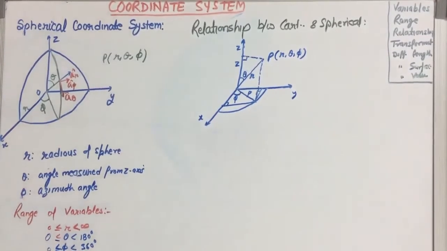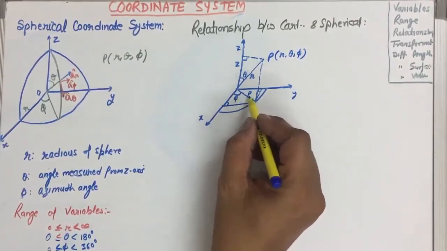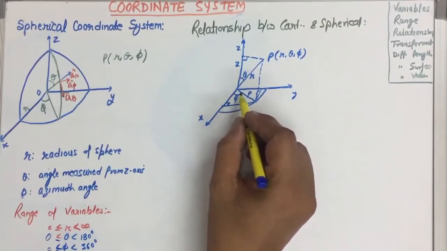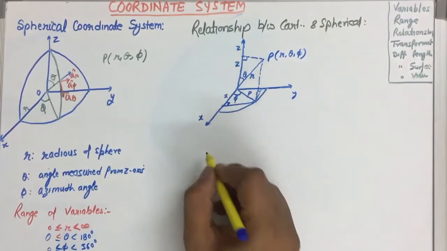Okay, so after finding this structure, this is a right angle triangle with the right angle here, hypotenuse rho, so rho cos phi will be x.